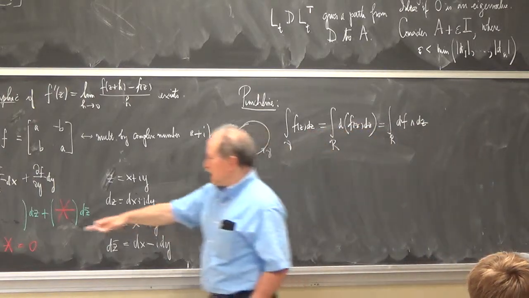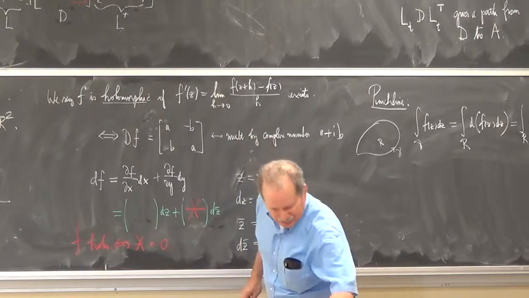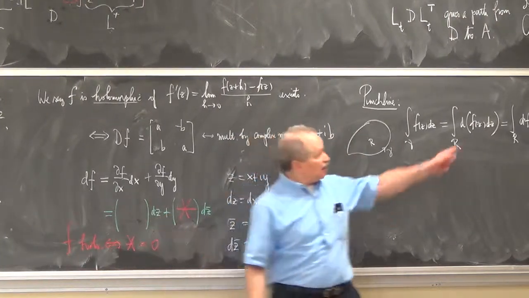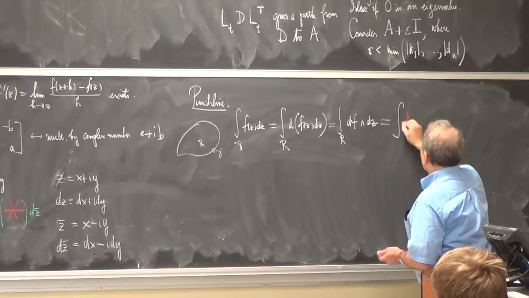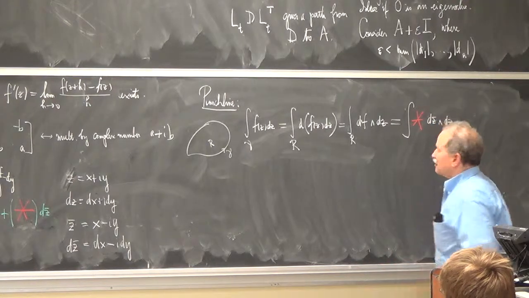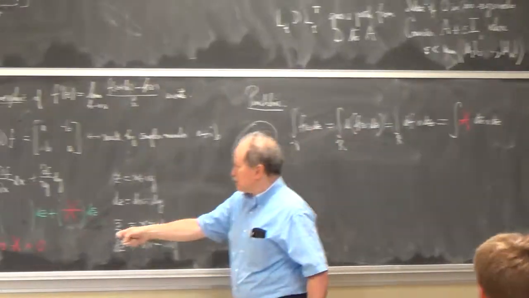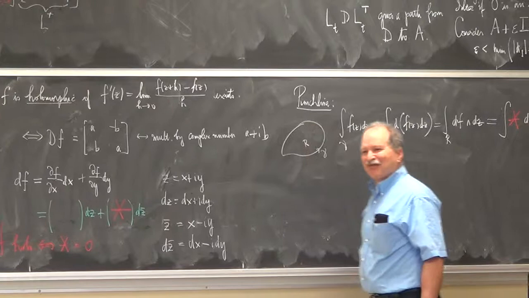Well, which part of df is going to show up here? Only the dz part, because the first part is dz wedge dz here. Oh wow. So this is going to turn into star dz bar wedge dz. Well, we said holomorphic functions meant that the star part was 0. Is this looking familiar, Michael?